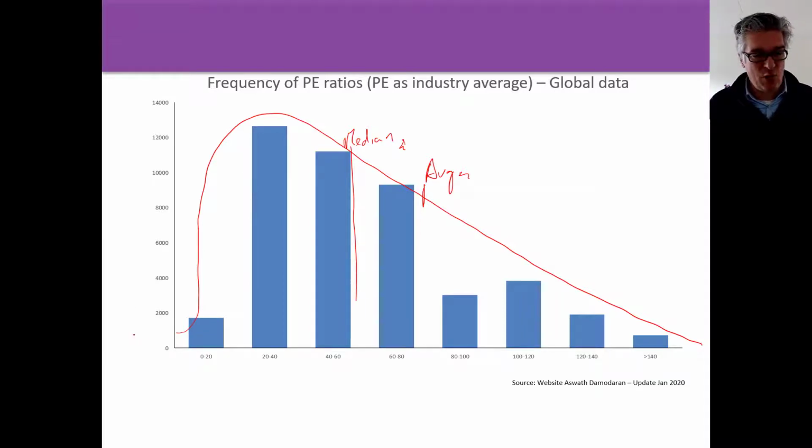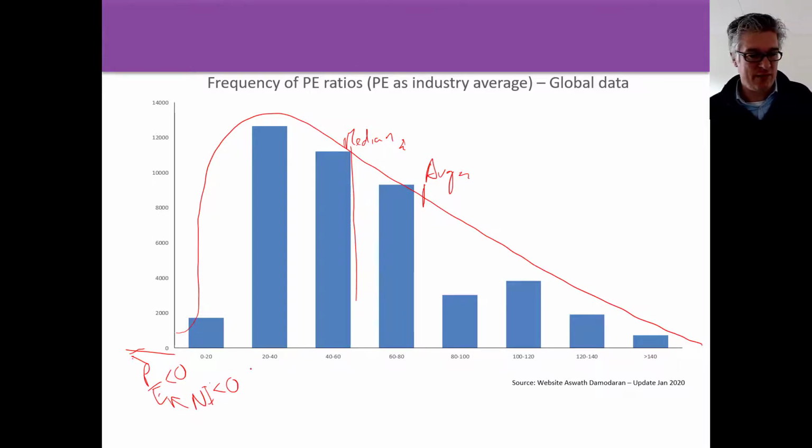Well, first of all, you won't see that many negative values, because negative values tend to be when the price earnings ratio is smaller than 0. Well, that is the case if net income is smaller than 0. And in that case, it's highly likely that this company is going out of business sometime soon. Of course, it can still be a growth company, but in principle, if net income is negative, that's not a good sign.